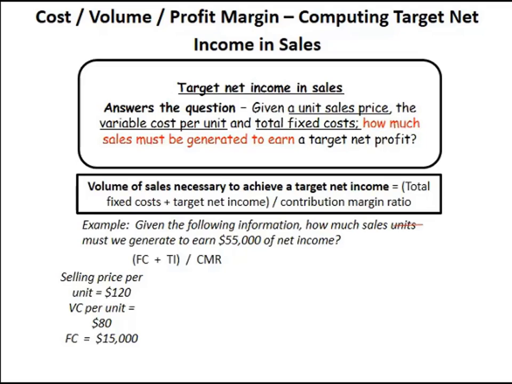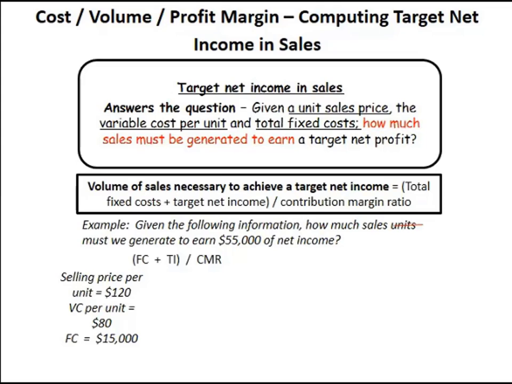And again, we see the formula written out here: total fixed costs plus our target net income divided by our contribution margin ratio. Remember, the previous formula was total fixed costs and target net income, but that was divided by our unit contribution margin. In this case, it's our contribution margin ratio.